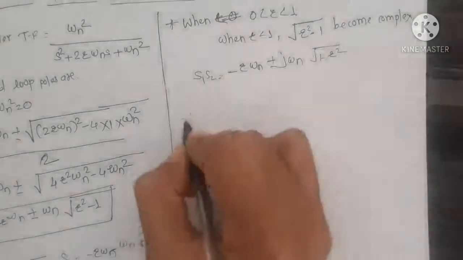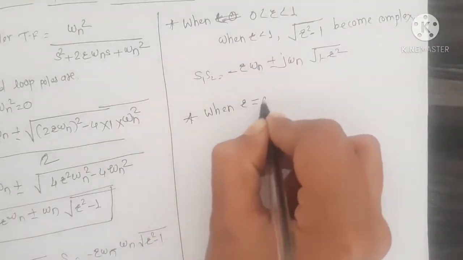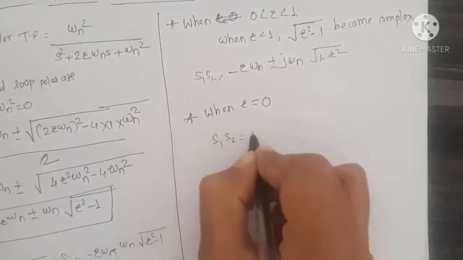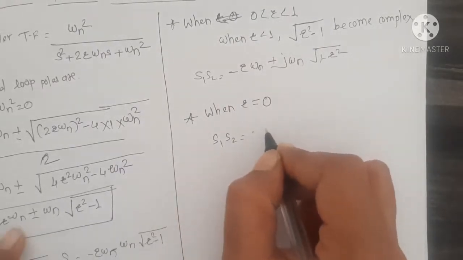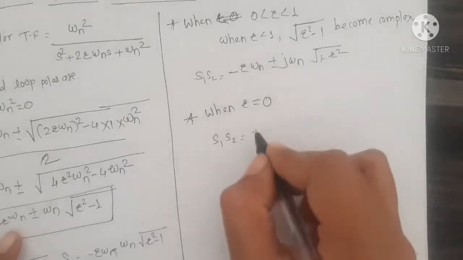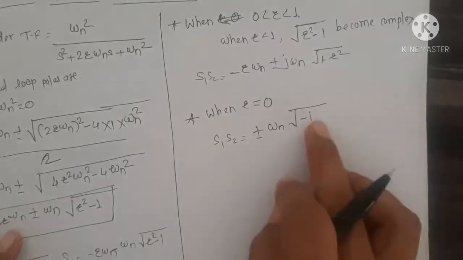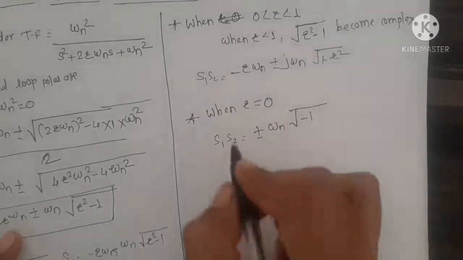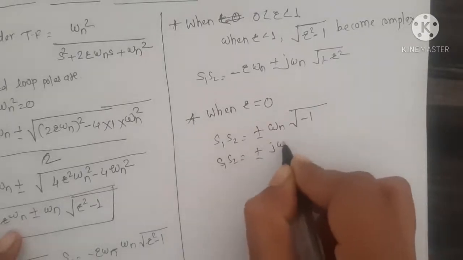And now the fourth condition is when eta is 0. So S1, S2 is equal to, as eta is 0, the minus eta omega n term becomes 0, and only plus minus omega n under root minus 1 remains, and root of minus 1 means j. So S1, S2 is equal to plus minus j omega n.